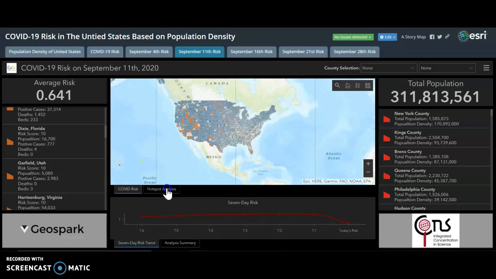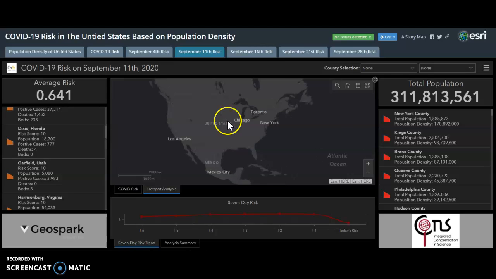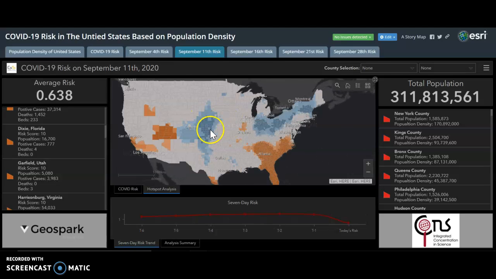So if we go to our hotspot analysis again, we are able to tell that the same cold spot in the central U.S. has actually shrunk down quite a bit. And then also on the northeast side, the cold spot containing Ohio, Pennsylvania, New York, New Hampshire, Vermont, and Maine has also shrunk down quite a bit more. With that being said, the hot spot in the southeast Atlantic United States has actually shrunk as well, with mostly Georgia, Florida, South Carolina, North Carolina, and parts of Southern Virginia showing in this hotspot.